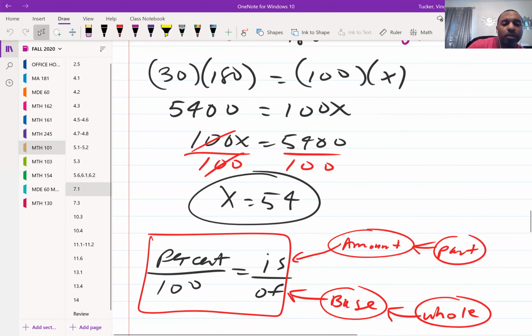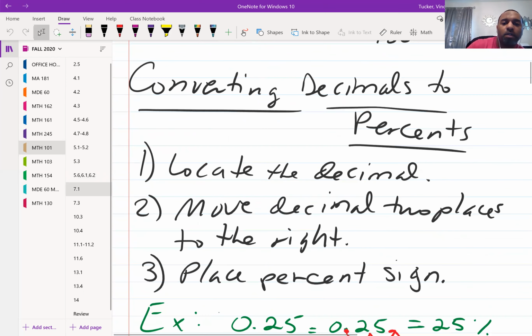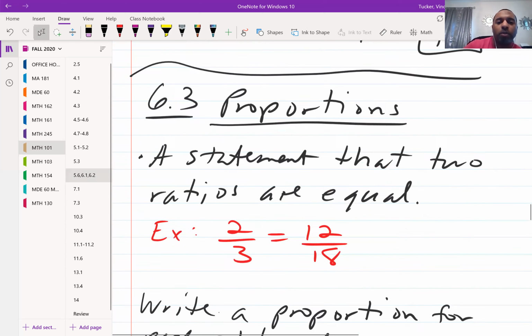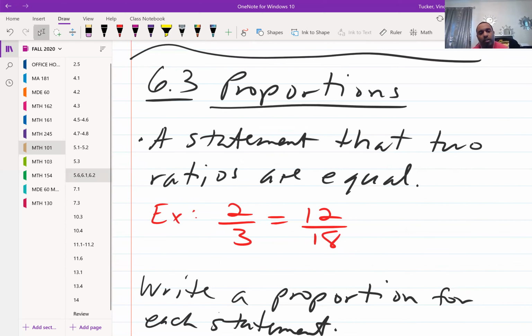And that's percent. Okay. So let's look at proportions, which are your ratios, just two ratios equal together. So a proportion is a statement that two ratios are equal.